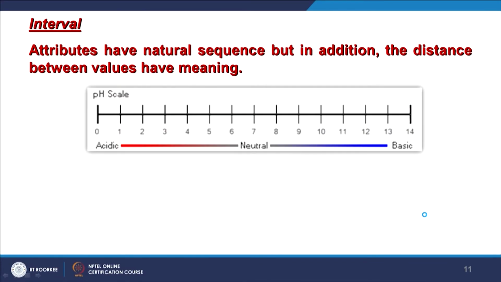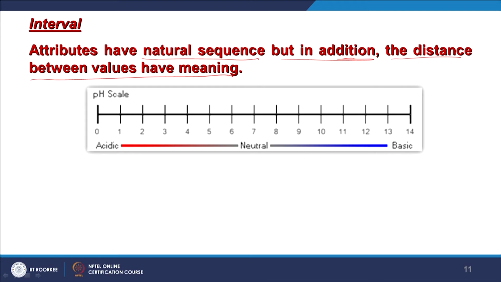Similarly, the third attribute. Now as we move higher and higher in attributes, the complication will keep adding. Nominal does not have any kind of order, whereas when we talked about ranks or ordinal, it has an inherent order. Now when we come to the interval, the interval has a natural sequence, but in addition, the distance between the values has meaning.